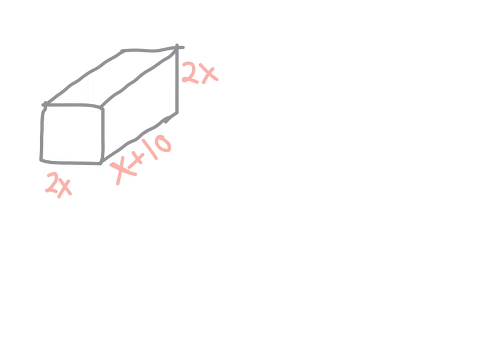Okay, so this one is a little bit harder because if you look at the different dimensions, this middle one here, this x plus 10, is a bigger expression. It contains 2 terms. So that can cause a little bit more room for error. So again, we're using the same formula, length times width times height. And so I'm going to do the 2 dimensions first that are smaller.